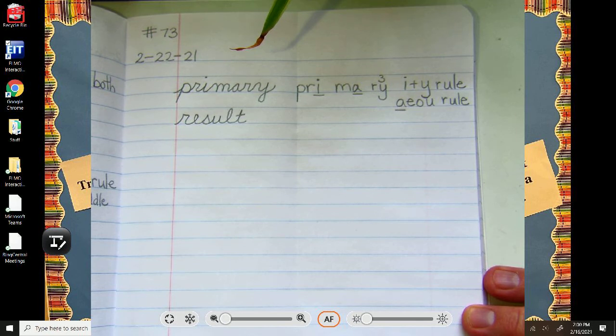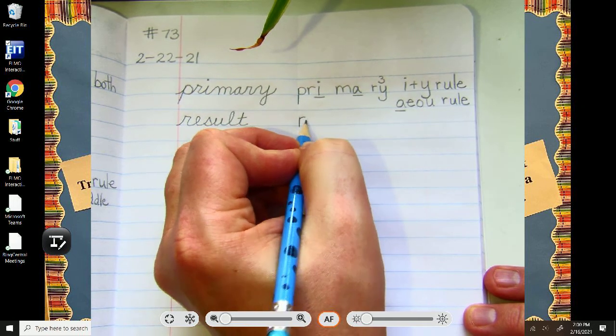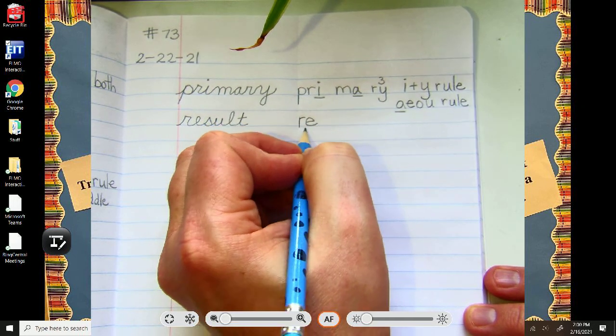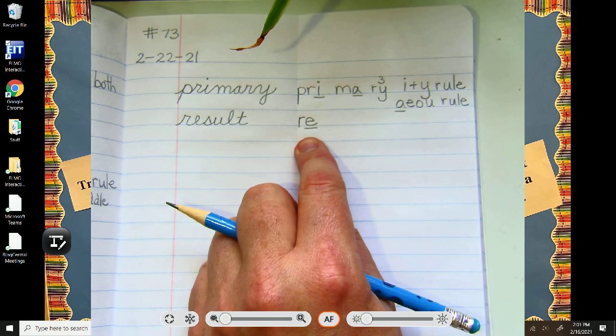All right, let's check your analysis. How many syllables in result? Right, 2. Scholars, that first syllable is re, right, with the name sound of the E. Oh, yes, we have had this syllable many times.